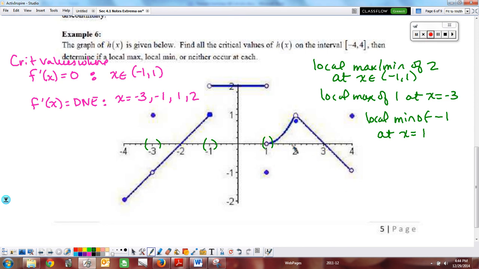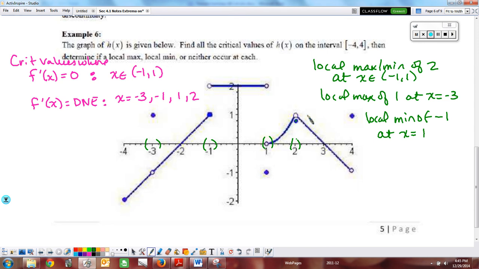And so at 2, we can look up here, we do our open interval on either side, and we look at the y value at 2, and then we compare the y values immediately to the left and to the right of it. Now remember, we're talking a little tiny, any interval, if I look immediately to the left and immediately to the right, they're all above. So I can select an open interval for which there are none lower than this point.